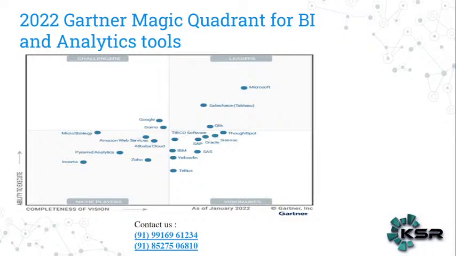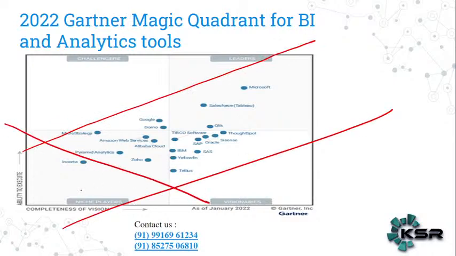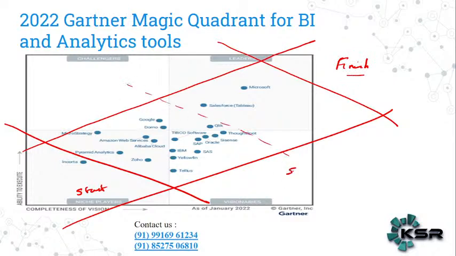Now, when I talk about a comparison, what I'm going to do, I am going to compare all the BI tools. Imagine this is like a race bar where this is a start, this is an end, the finish line. Now, what you observe is this is actually 50% of the race.